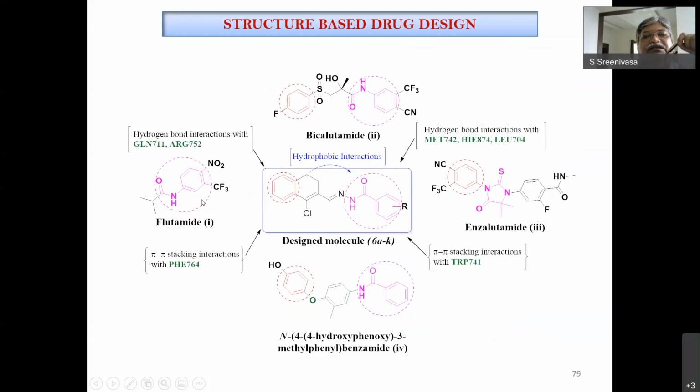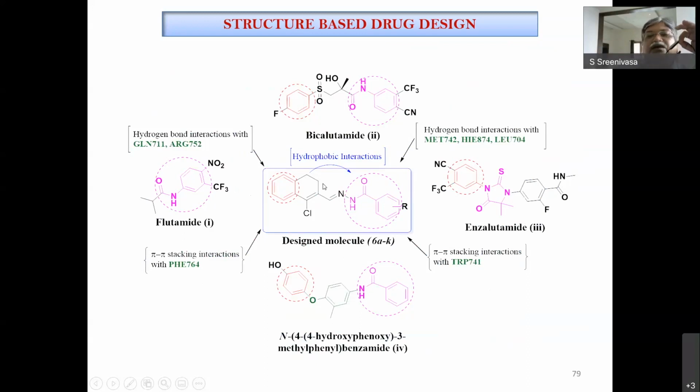Here complexity is there: NO2 group, CF3, CF3 and cyano group, amide linkage, so many things are there. But knowing these structural units and their size, their shape, etc., they have written a molecule.